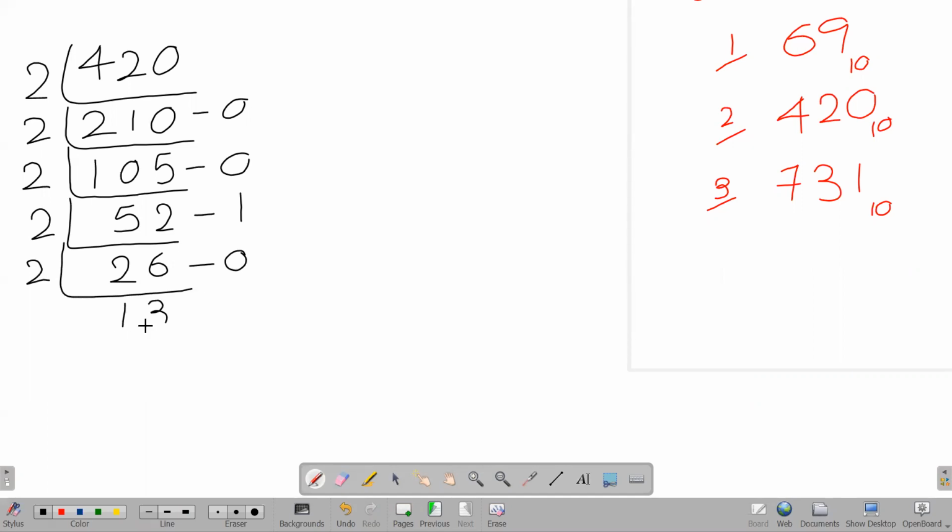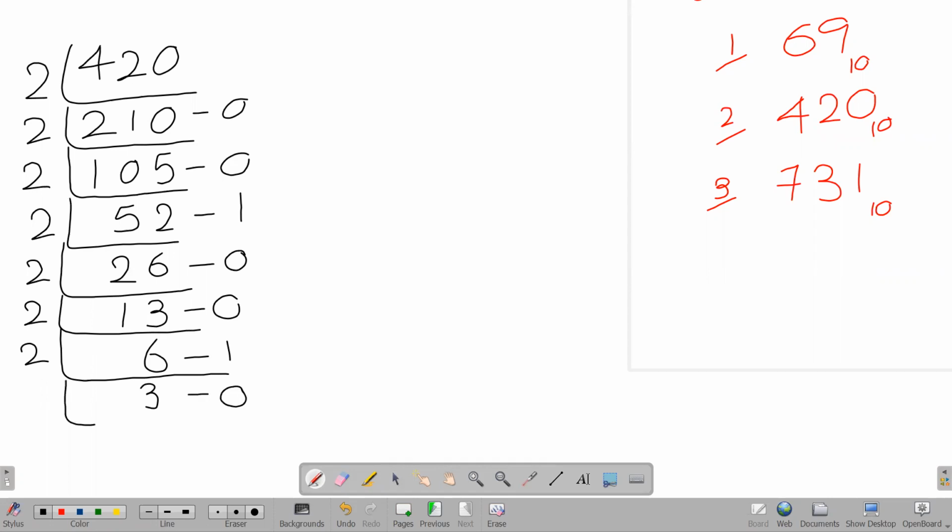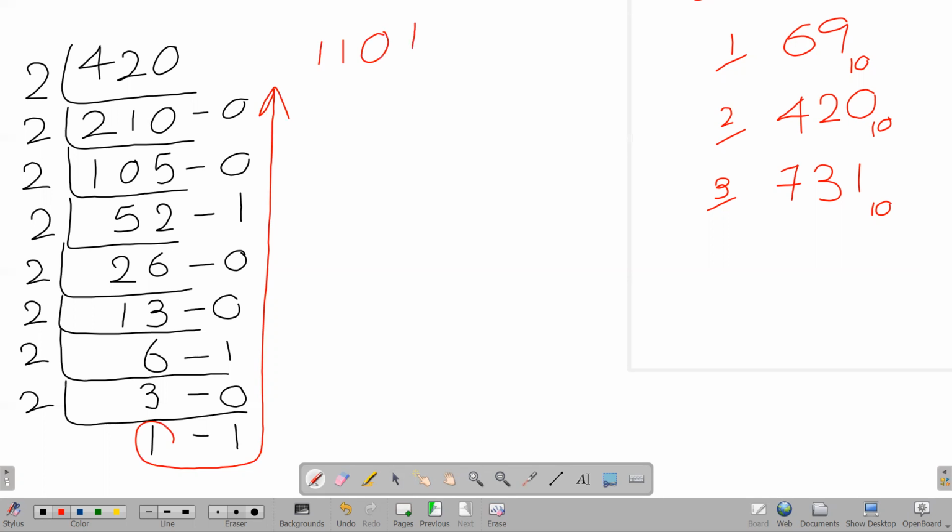Then by 2, 13, 0 is remaining. Then 6, 1 is remaining. Here we can take 3, 0 is remaining. Then 1 is the answer and 1 is remaining. So you can take the answer from bottom to the top. The answer is going to be 1 1 0 1 0 0 1 0 0 in binary.